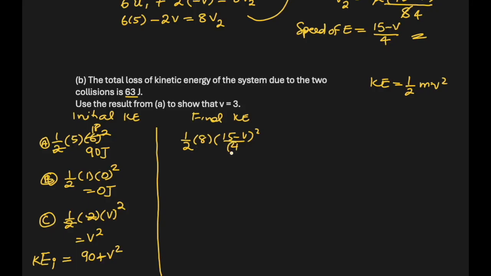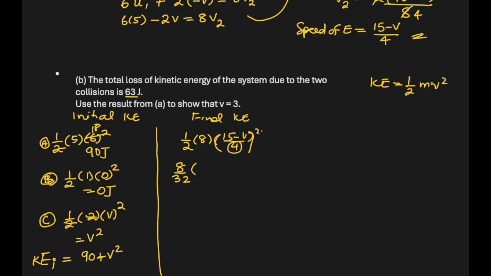So 4 square will be 16, times 2 is 32, so 8 over 32. Let's open this bracket also. This square is applicable to both the 4 as well as the numerator.